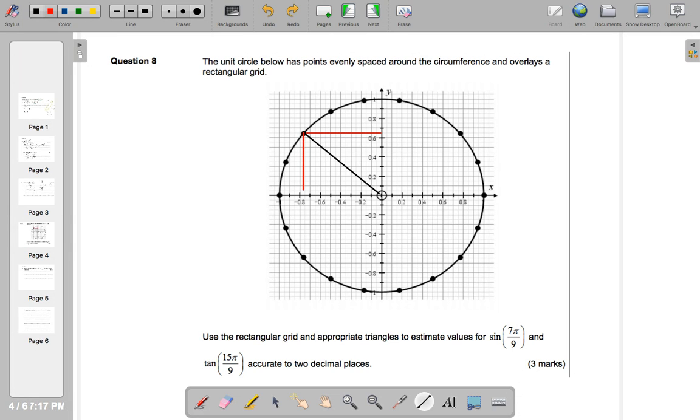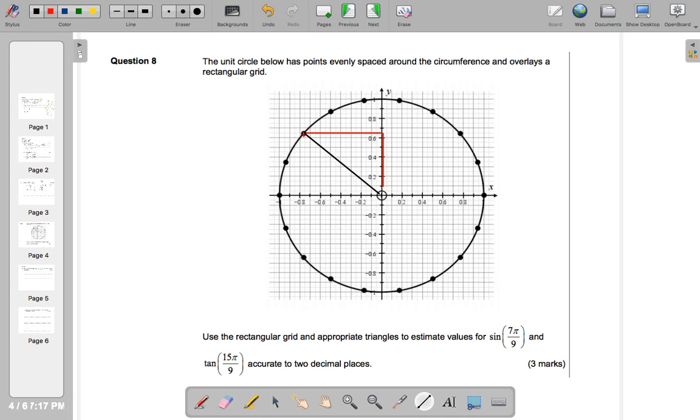Looks to me very much like it's 0.65, is it? It's like 0.75. Oh, beg your pardon, I've gone the wrong way. Start again. The sine component here is not the horizontal one, it's the vertical one.